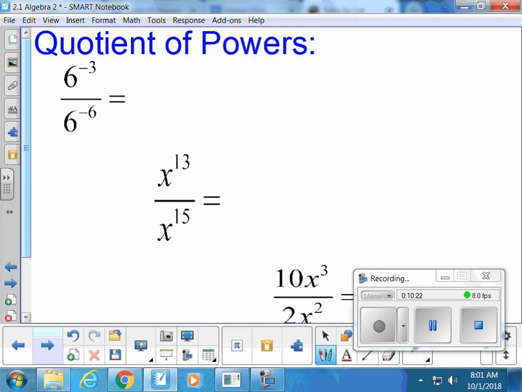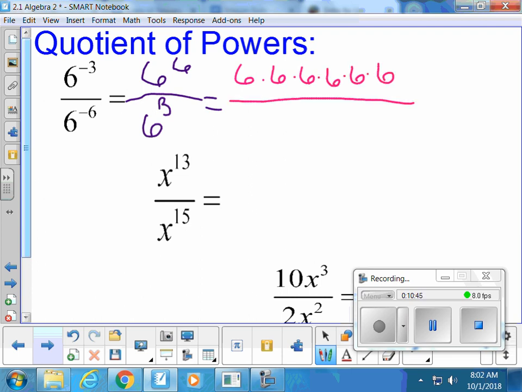This one, for example, the 6 to the negative third is going to flip to the bottom and become a positive 6 to the third. And the 6 to the negative 6 is going to flip to the top and become a positive 6. Let me explain what is actually going on here. I have 6 sixes living in the top: 1, 2, 3, 4, 5, 6.